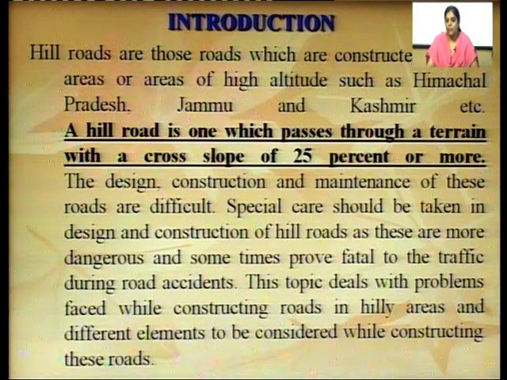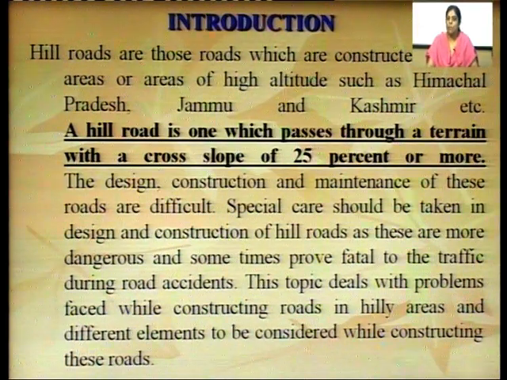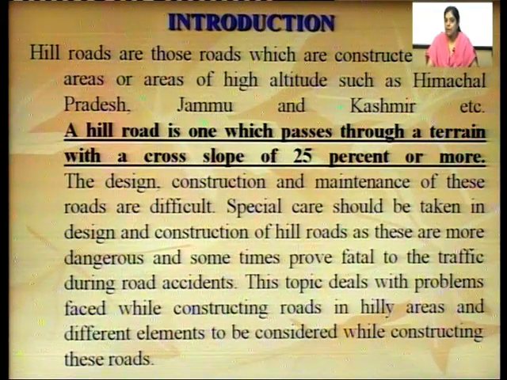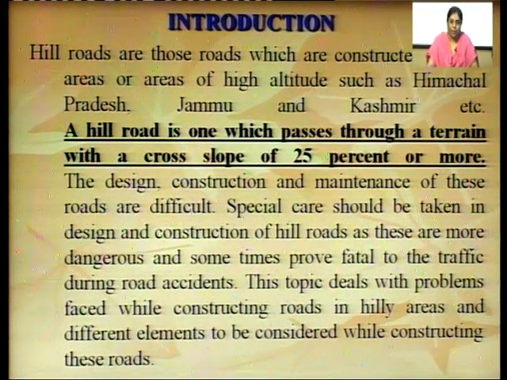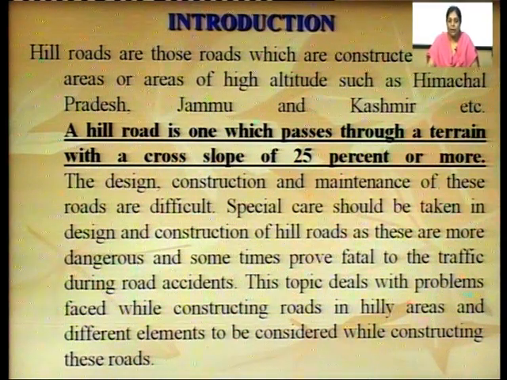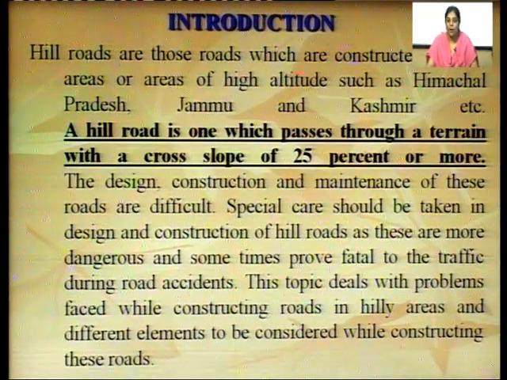So, in other words, or technically we can say that a hill road is one which passes through a terrain with a cross slope of 25% or more. Cross slope, you understand, students, what is cross slope? When you are on plains, there definitely is a slope, but that runs longitudinally along the length of the road.